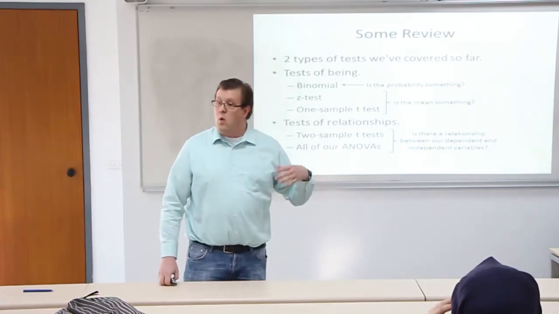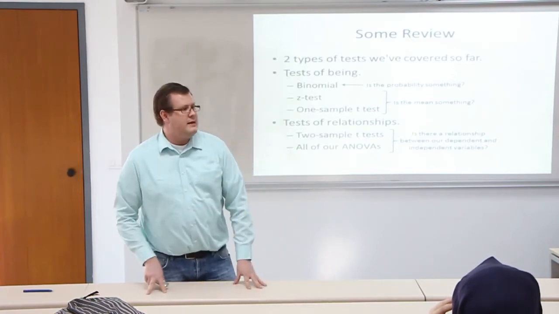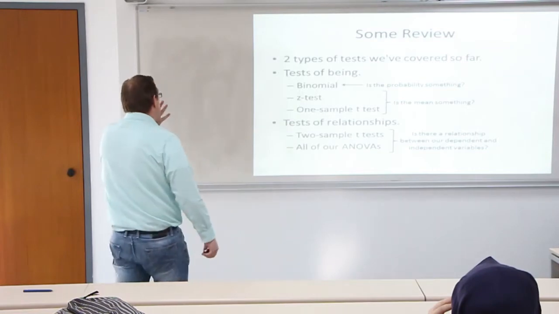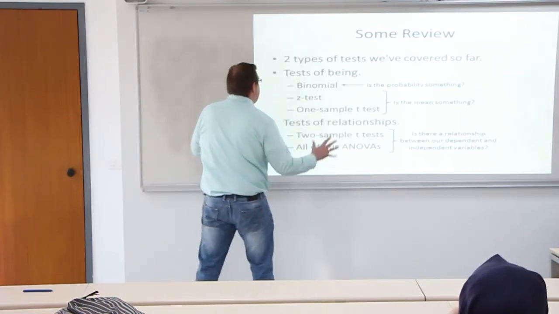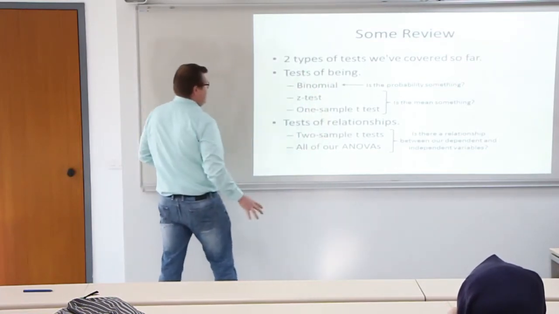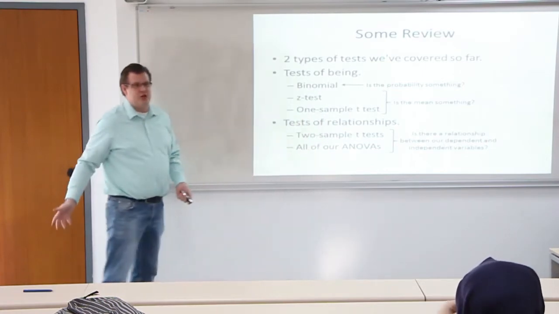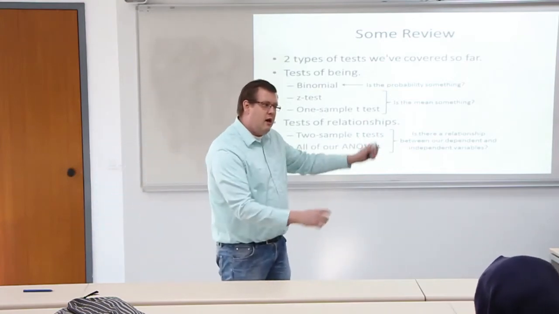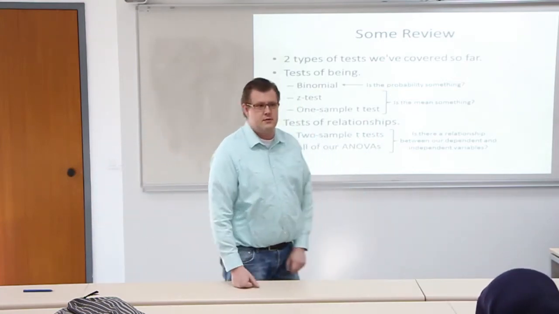For our one-way ANOVA, we also had one independent variable. But for our other ANOVAs, we had multiple independent variables. So basically, so far we have done tests of being and tests of relationships. So we are going to continue on the track of testing relationships.